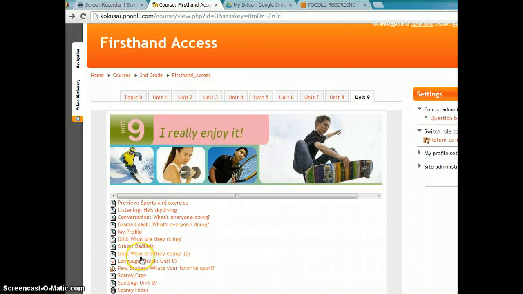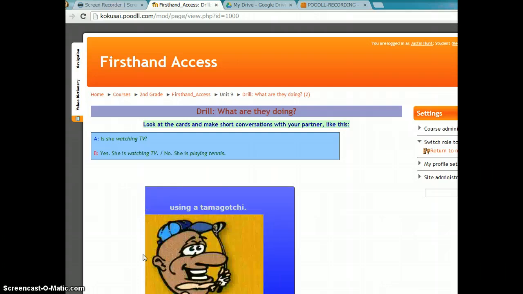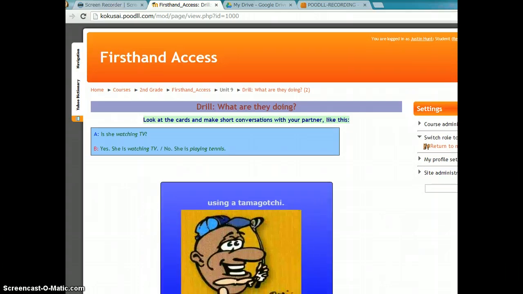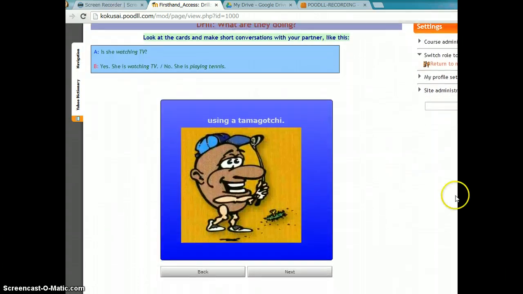And I have other activities that I have made which complement those in the textbook, and this is one that I'll show you here today, which uses the Poodle Flashcards. And here we have a character. This is also from a textbook that we own in the school, but I wouldn't be able to make these pictures available on the internet.